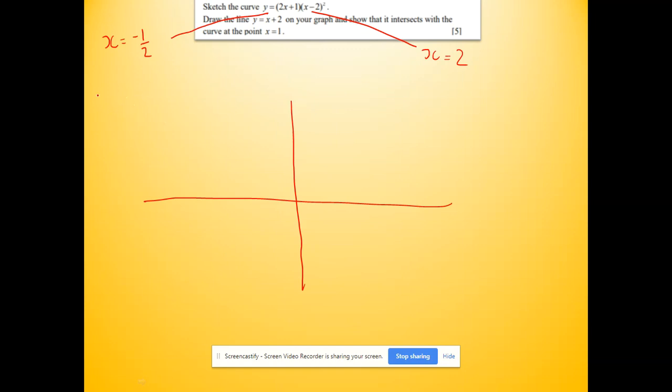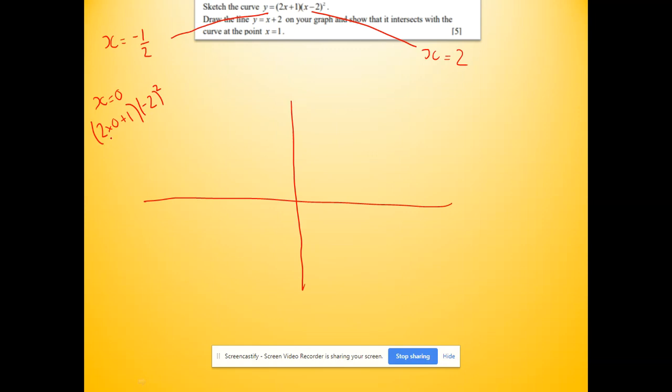So if I let x equal nothing, I end up with 2 times nothing plus 1 in the first bracket, and in the second bracket, nothing take away 2 is minus 2, and we're squaring it.